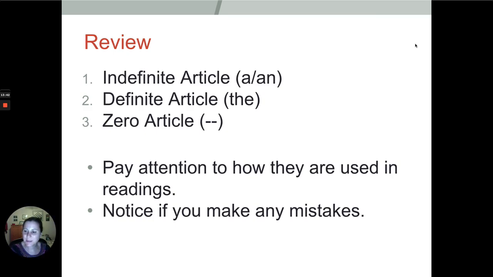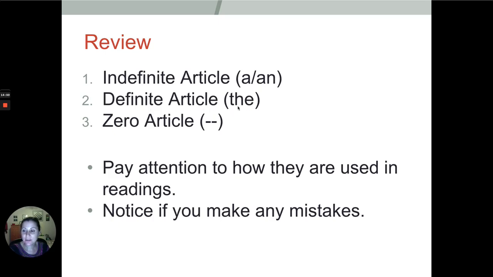Okay, so let's do a quick review. So we use the indefinite article a and an when something's not definite, something in general, not really specific, and we're only talking about one thing. This can only be used with singular count nouns.